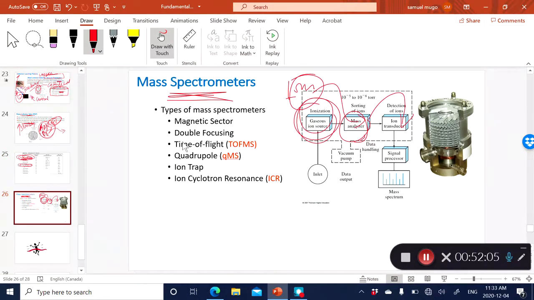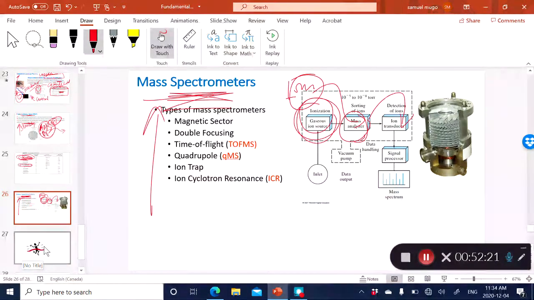And there are many types of spectrometers out there, like the magnetic sector, among many others, but very expensive techniques in this case. So that's all that I'm gonna say about spectrometers.